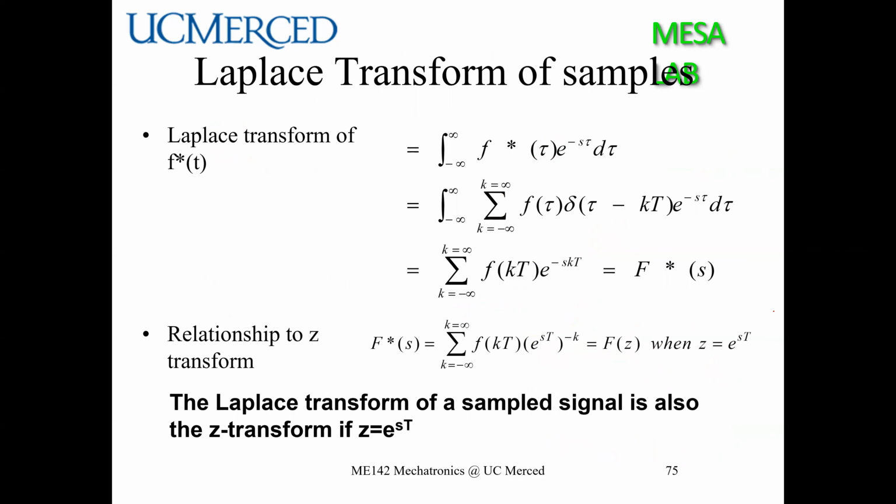So let's check what the Laplace transform of this f star, the sampled signal, is. Please focus on that. You'll achieve a lot if you focus on this slide. A lot of students may feel scared about it, but this step is nothing but the original signal, called the sampled signal, by definition.